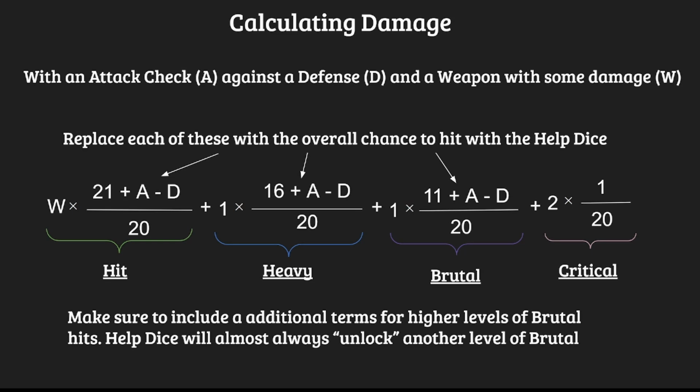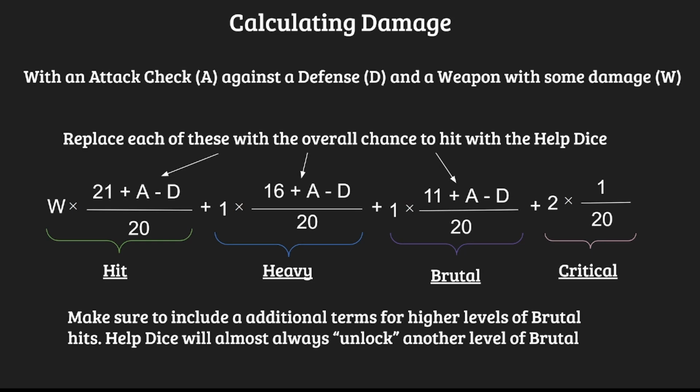Even the brutal +1, the brutal +2, whatever you call them, brutal, mega brutal, everyone has different names for them. But these different levels of brutal hits are all going to have a different sort of terms included in here. There's the chance to get a next level brutal, a brutal +1, which in this case would just be 6 plus the attack minus the defense over 20.